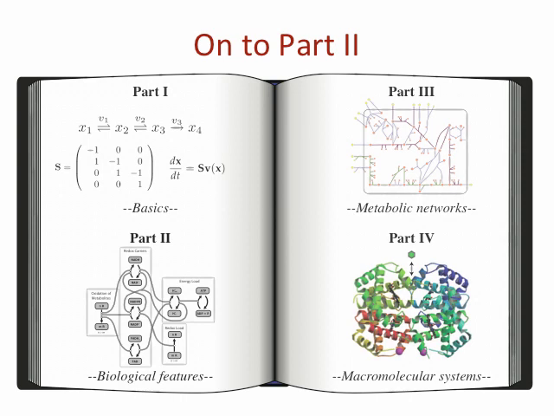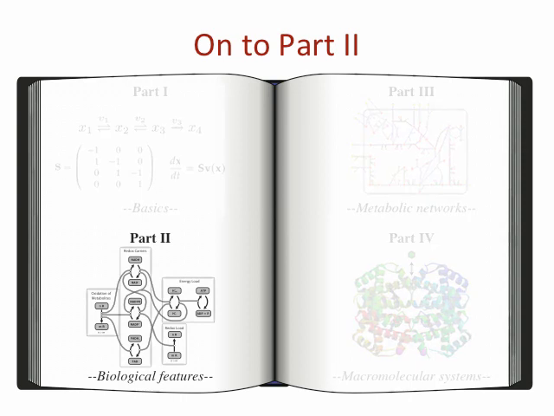We have completed part 1 of this book by going through lecture 6, and we are now on to part 2 of this book, where we move away from toy models and start looking at features of models that are biological.